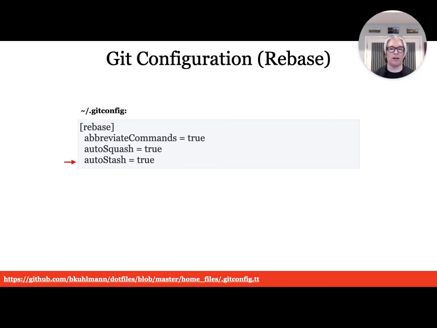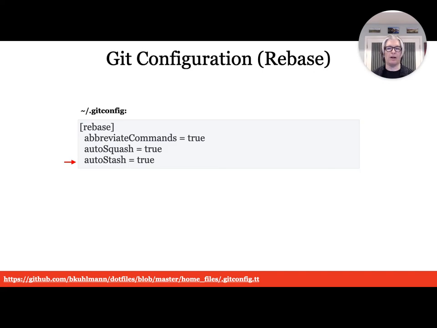And the last one is auto stash. Auto stash is wonderful because normally when you rebase, if you have anything dirty in your working directory, the rebase will halt, will actually not start because it wants you to do something with those files, either commit them or delete them or stash them. So normally you would just stash them manually yourself.